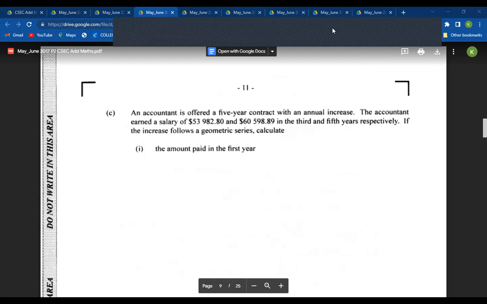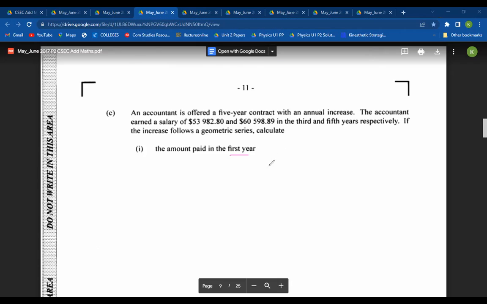So let's say this is you in the exam and you're reading the question. You should underline key points, any key information, or write it down. Or you could do both of them, right? Whatever. So they want the amount paid in the first year, meaning T1, right? Okay.